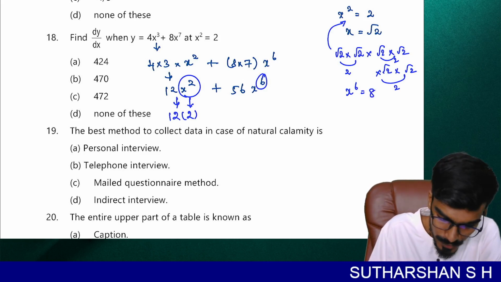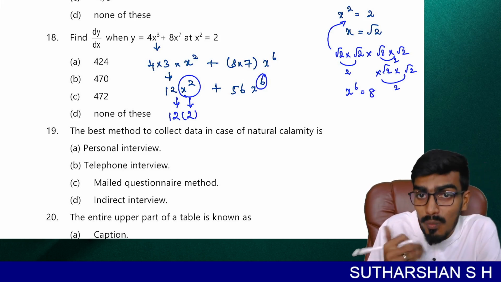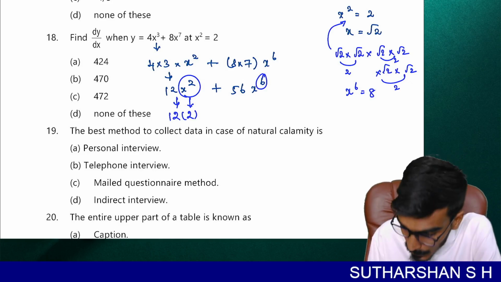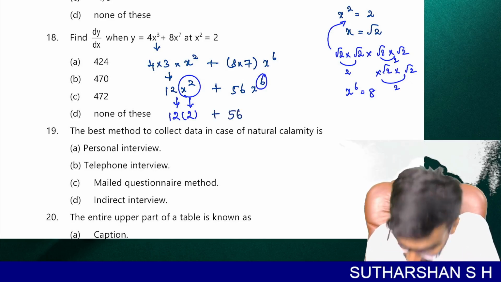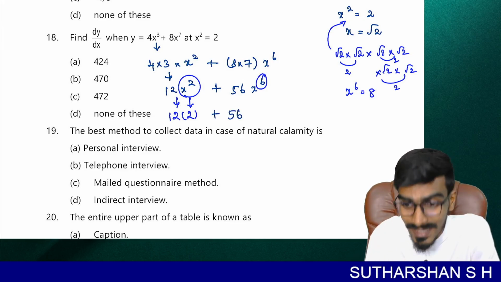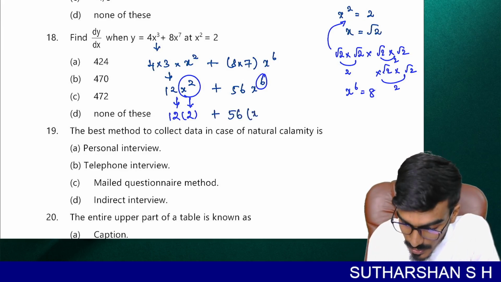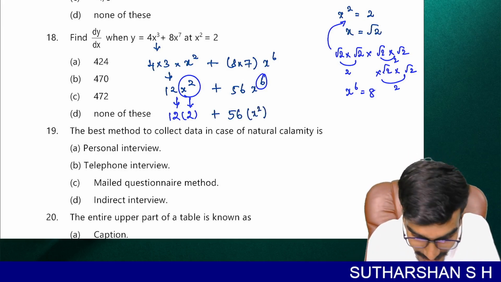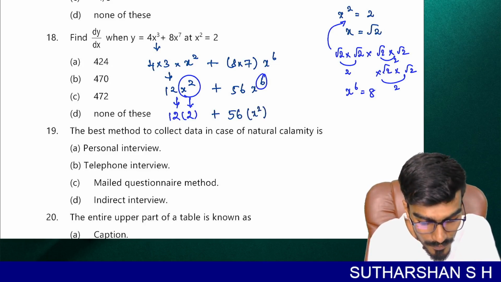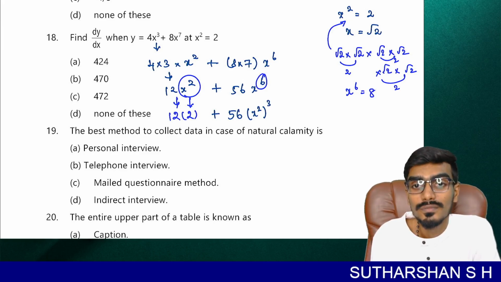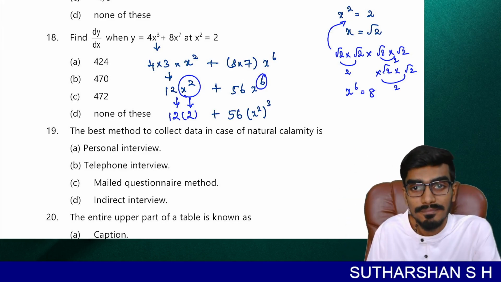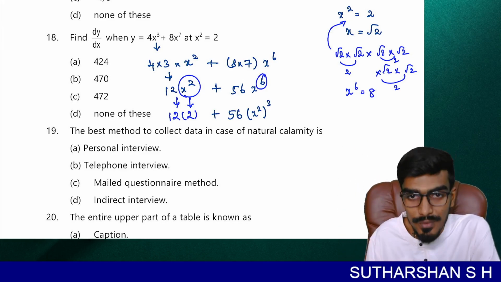Directly we can also substitute, or alternatively, what can be done I will tell you. The same thing can be written as 56, which cannot be touched. X power 6 can be written with respect to x square power 3. X square whole power 3, which is 3 into 2, will give you 6.